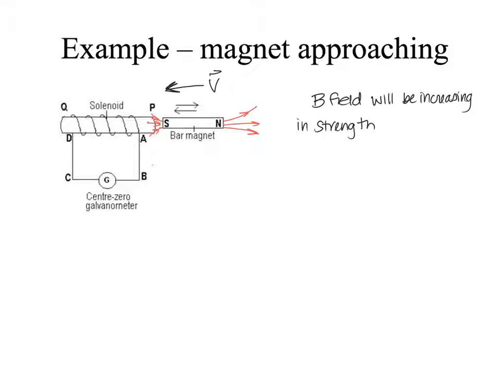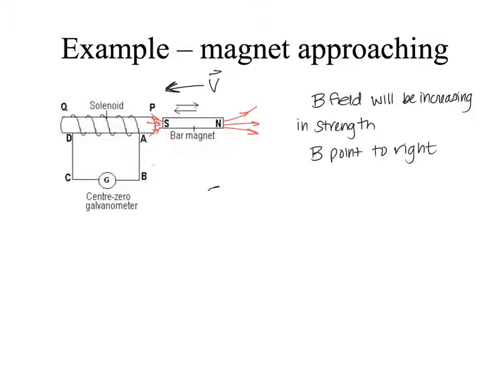So as that magnet's coming towards the solenoid, the magnetic field passing through the solenoid due to the bar magnet is getting stronger. And it's also pointing to the right, because the magnetic field goes into the south pole, so the field that's going through the solenoid is going to the right.